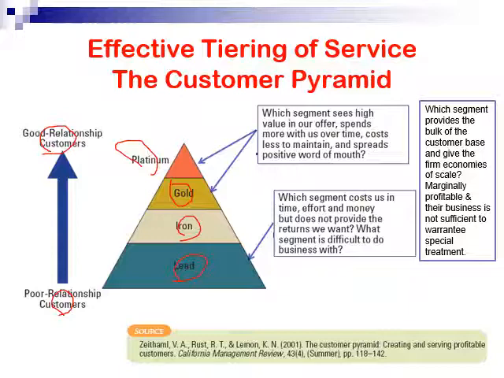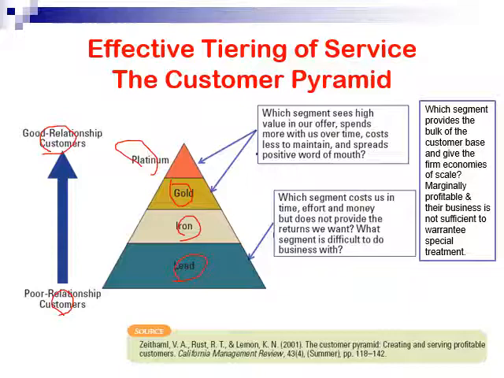They may be purchasing your service or product at this moment for certain reasons, such as price, availability, convenience. But again, they are willing to switch to another service provider when they find a better price, better deal, better service. Then, which segment provides the bulk of the customer base and gives the company economies of scale?